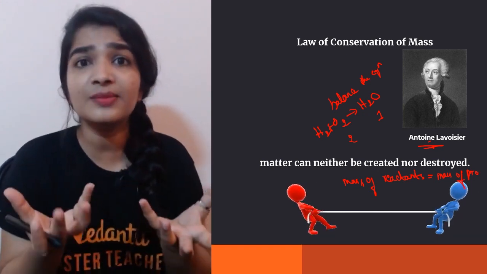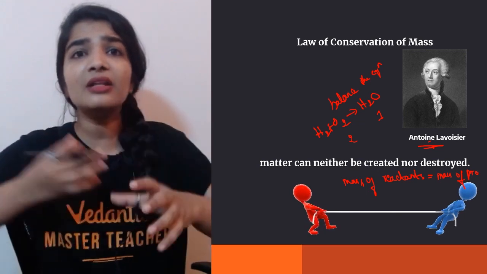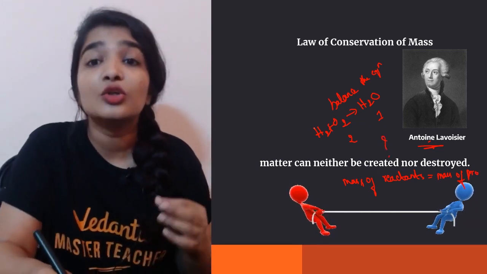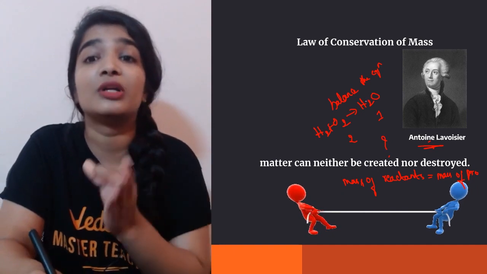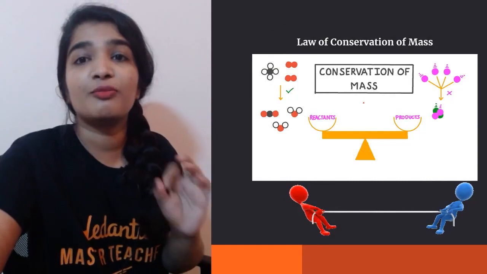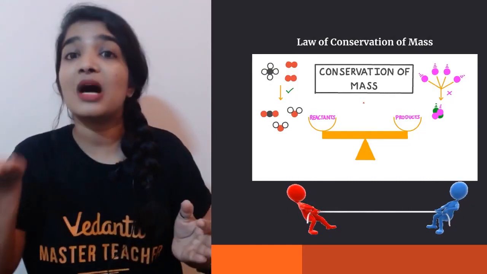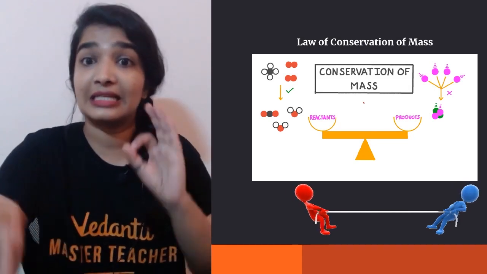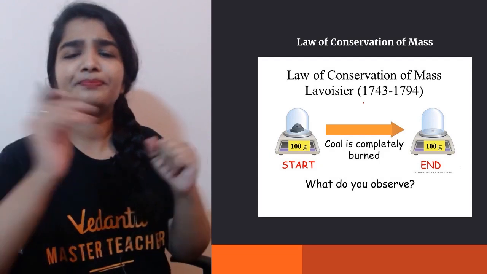And even the atoms, you cannot create them. So where did that one more oxygen go? That would be a big question. That is the reason it is very important for us to balance it. The law of conservation of mass states that the mass of reactants is always equal to the mass of products. That is the main reason why we balance an equation.